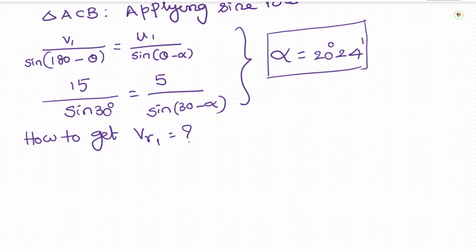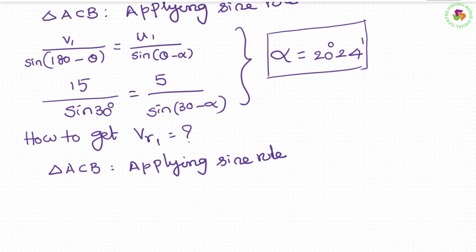In order to do that, I will use the same diagram, again the triangle ACB only. Again I apply only the sine rule. All problems revolve around this only. Now I want VR1.